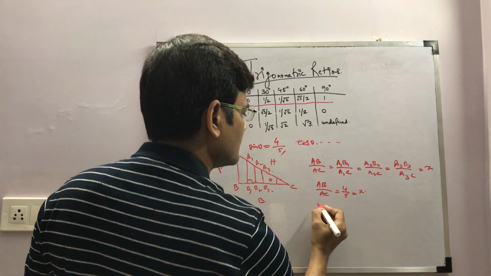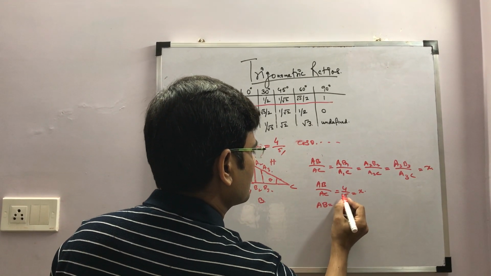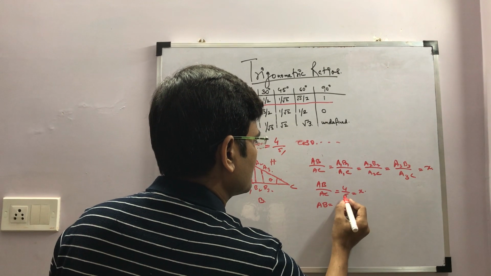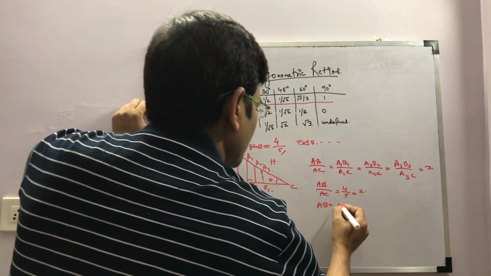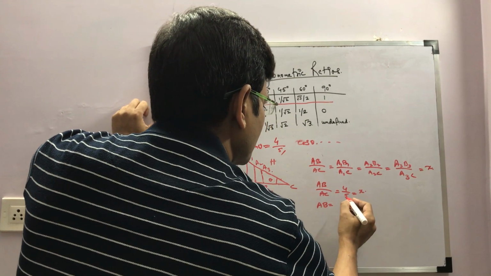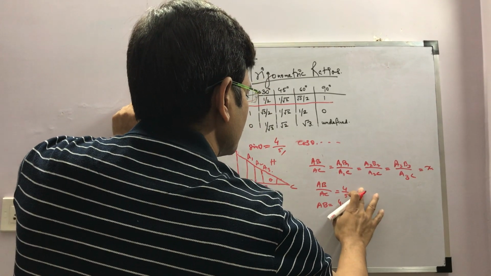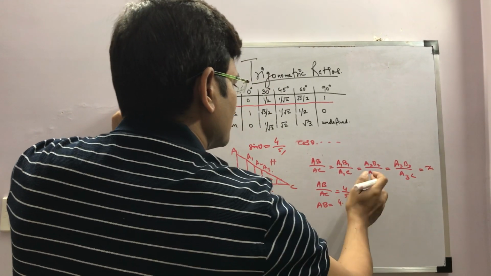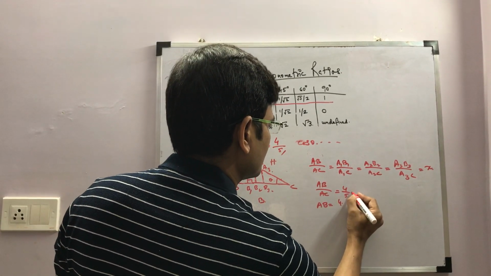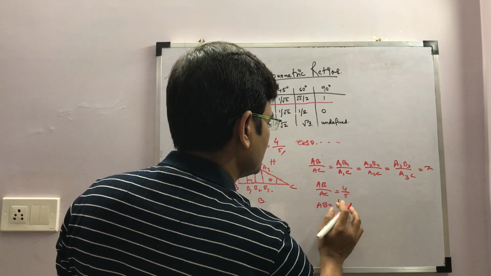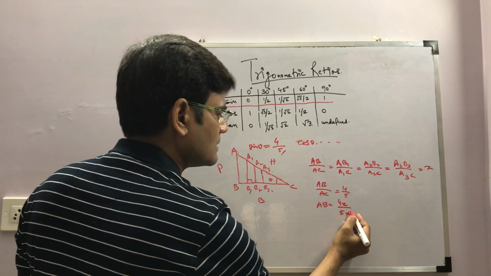So let AB be 4x. Then only this cancellation works, right? You cancel it.